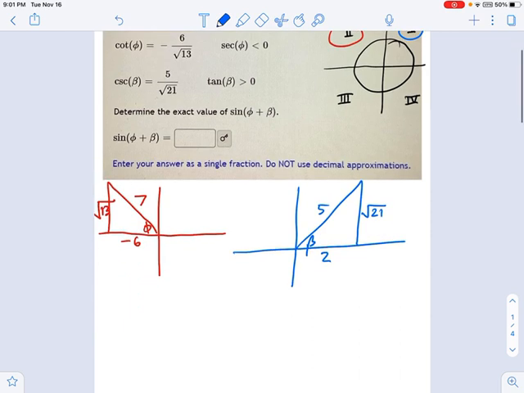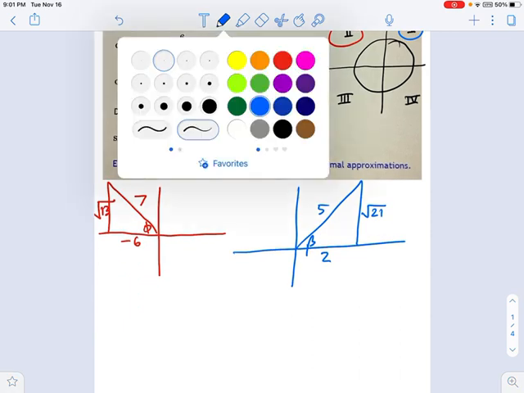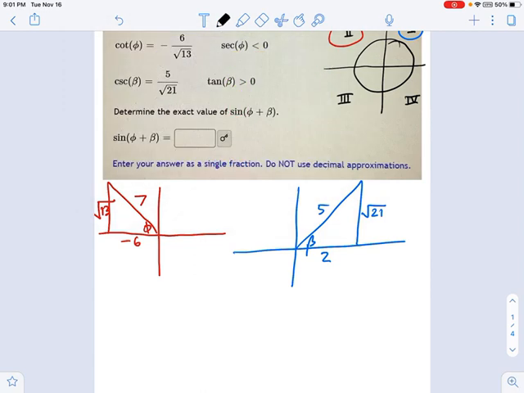Okay, so now we're ready to go finding the sine of phi plus beta, which according to our good old sine summation identity is going to be sine of phi cosine of beta plus, since sines can't change signs, cosine of phi sine of beta.